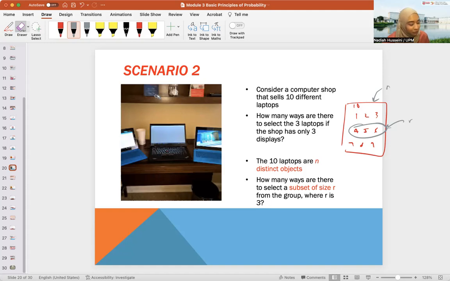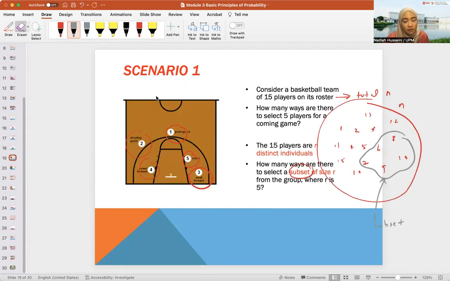Scenario 2 is specific? No, scenario 1 is not specific? Why? They have distinctive positions. Scenario 1 has the position. Scenario 2 does not have any specific position. Okay. Other answers?